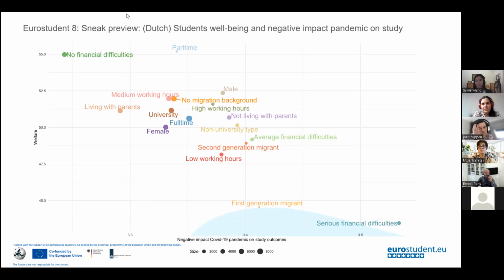And maybe also a question for if we have any Danish people or people from Georgia here, because you mentioned that when you looked at the social integration of students, the patterns were a bit different in Denmark and Georgia, whereas in other countries higher working hours predicted better social integration, it was the other way around in Denmark and Georgia.